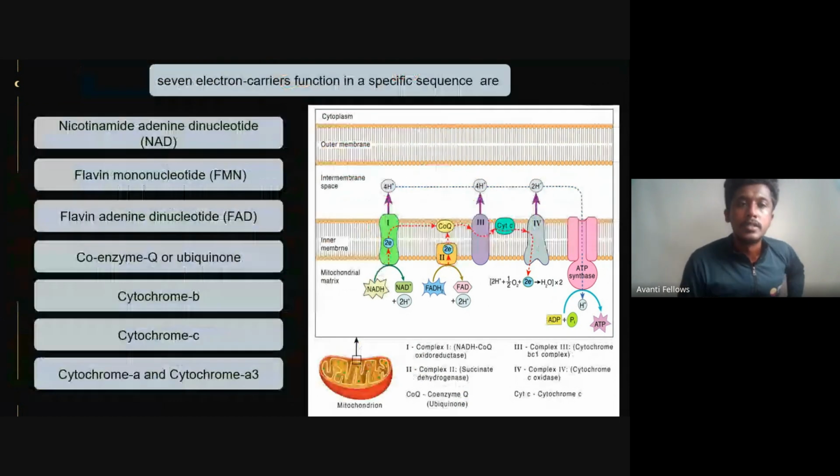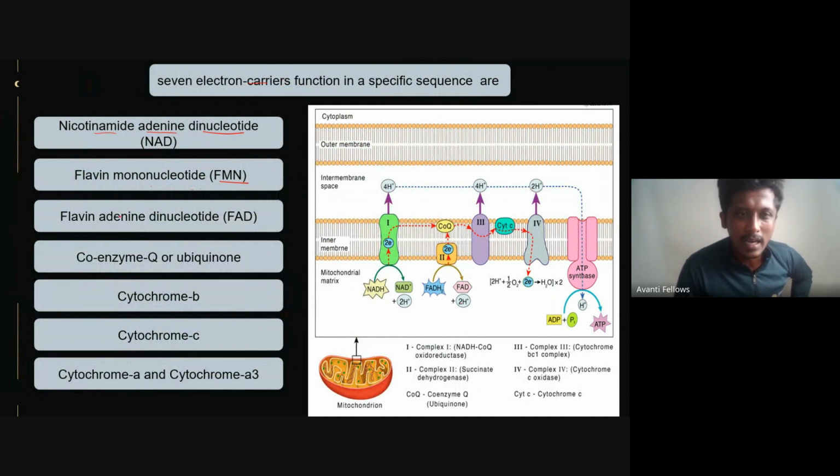Okay. See, when we look at the 7 important electron carriers that are present in our inner membrane, first one is NAD, that is nicotinamide adenine dinucleotide, which is present in complex 1. Next one is FMN, that is flavin mononucleotide, that is present in complex 2.